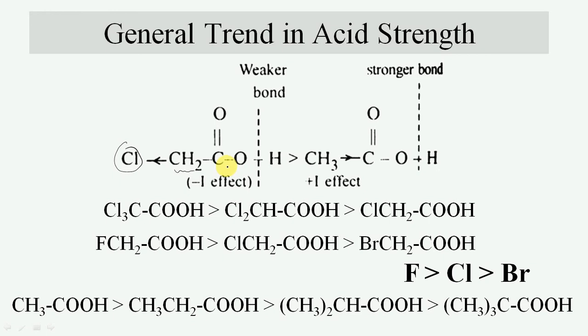This carbon atom in turn affects the electron cloud in the COOH bond. As a result, this OH bond becomes weaker and ionization of the proton becomes easier.